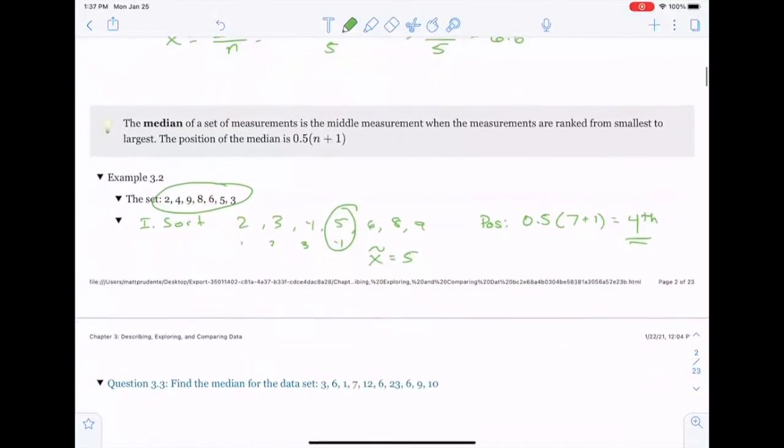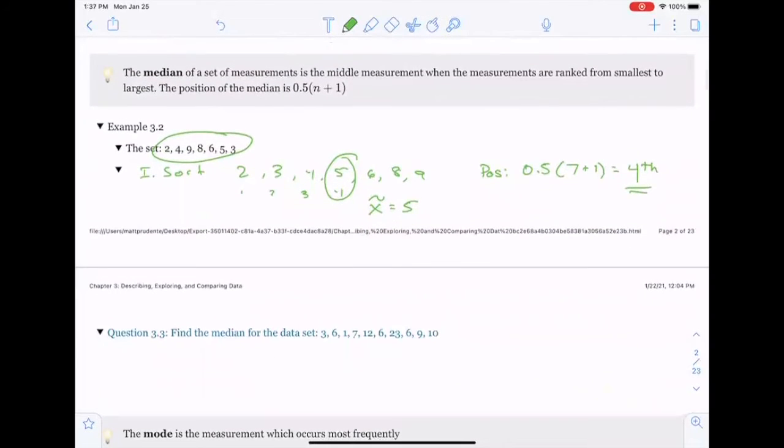Let's do this again. We want to find the median for this data set here: 3, 6, 1, 7, 12, 6, 23, 6, 9, and 10. Again, we're going to have to sort the data first. So if we do that: 1, 3, 6, 6, 6, 7, 9, 10, 12, 23.